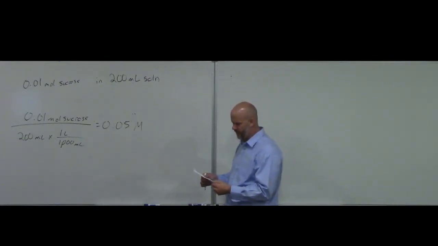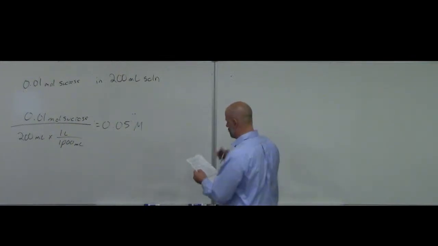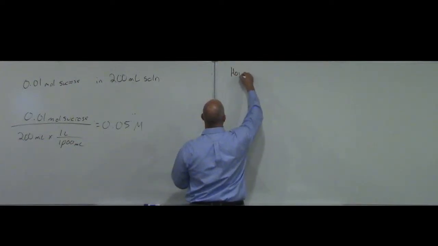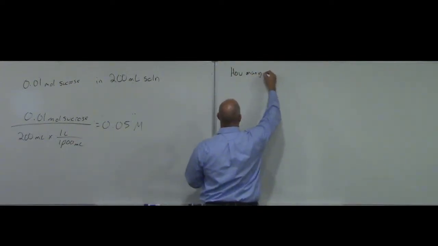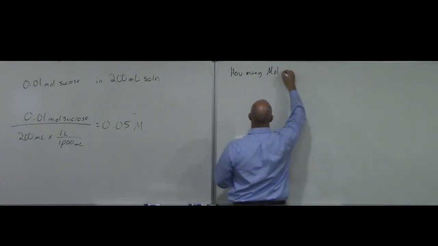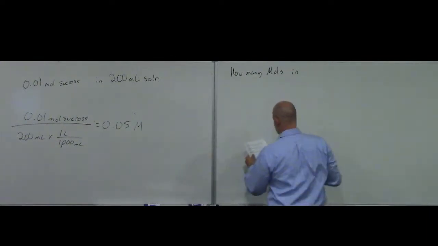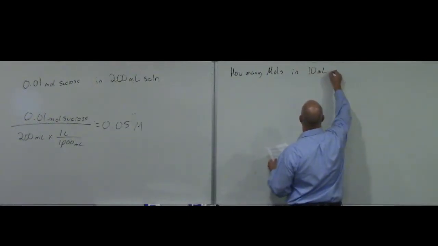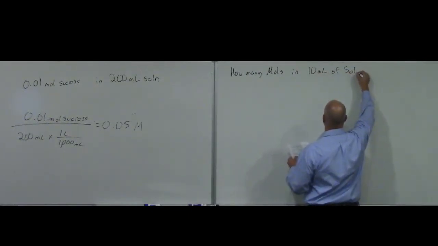Good. Let's do the next one. How many moles of sugar are contained in a 10 milliliter sample of the soft drink? So what we want to know is how many moles per milliliter of solution.